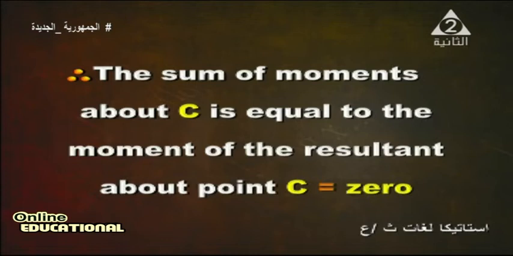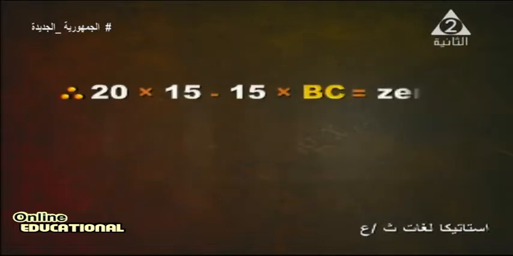The sum of moments about C equals the moment of the resultant about C, which equals 0. Therefore, my dear student, remember the meaning of the sum of moments: R1 times F1 plus R2 times F2. But look at the direction of the moment: anti-clockwise is positive, clockwise is negative.